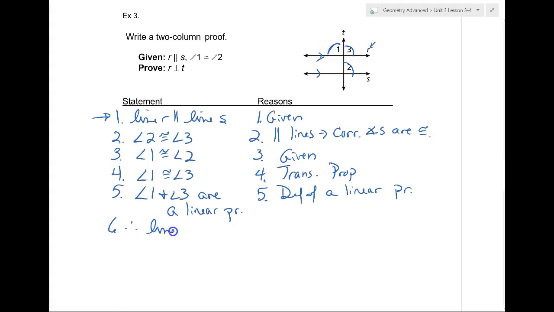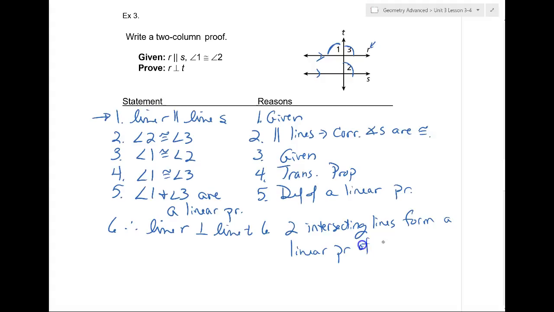I know that line R is perpendicular to line T because of that very first theorem. It says the following: two intersecting lines form a linear pair of congruent angles, then I get perpendicular lines.